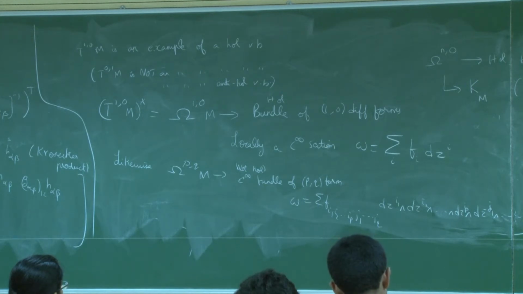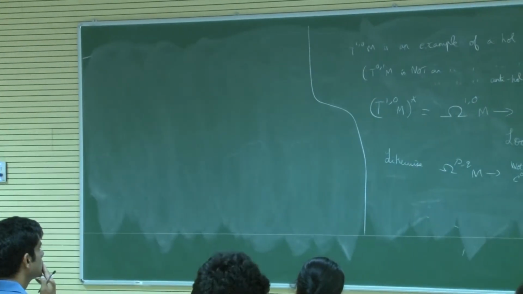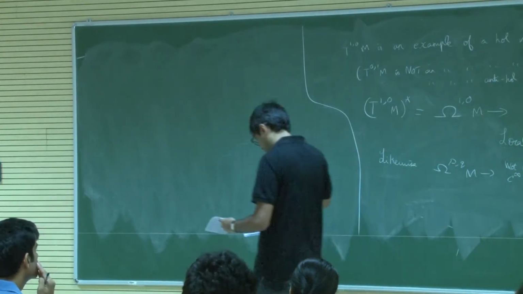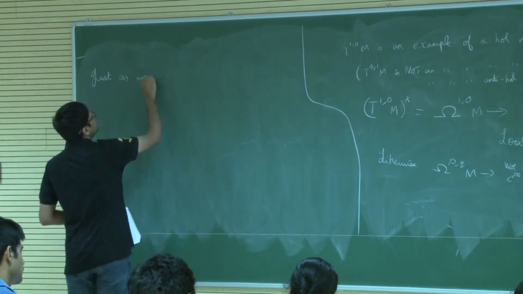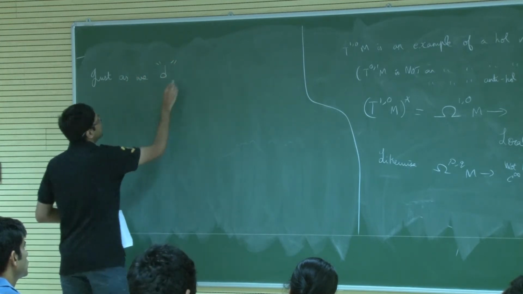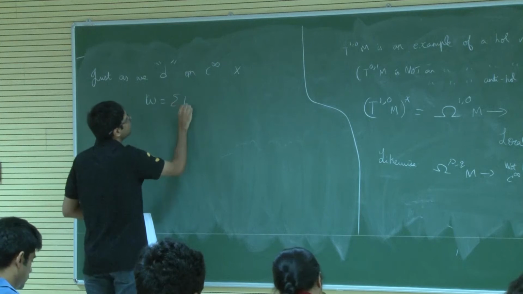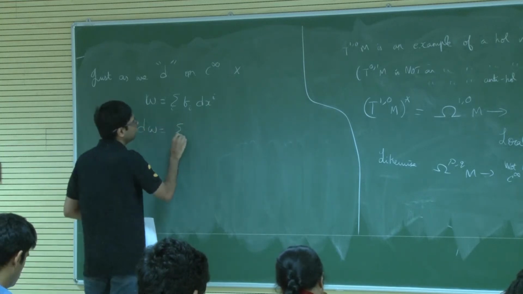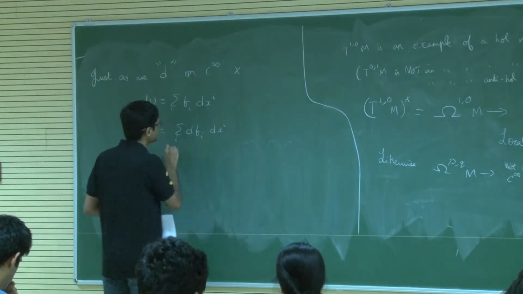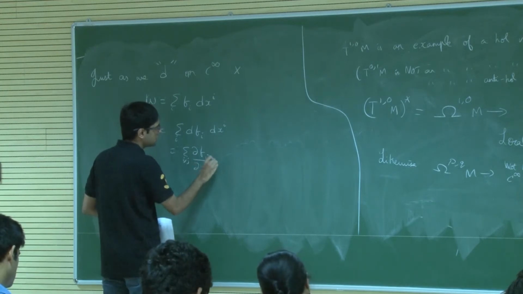More definitions. Just as we have the exterior derivative d on smooth manifolds, suppose omega is some fi dxi, then d omega is dfi dxi, which is a sum over i and j of dxj dxi.